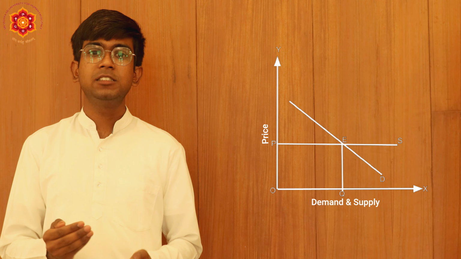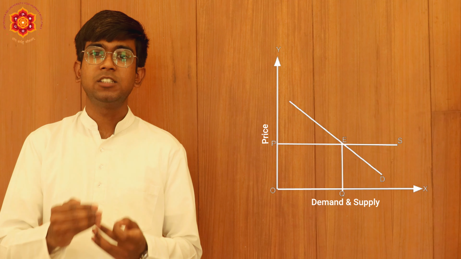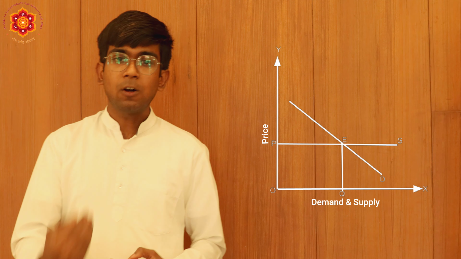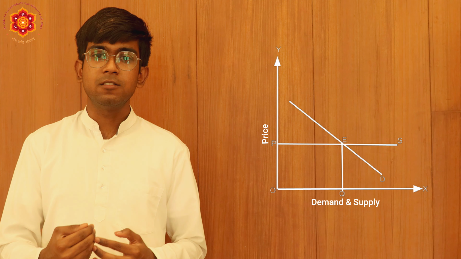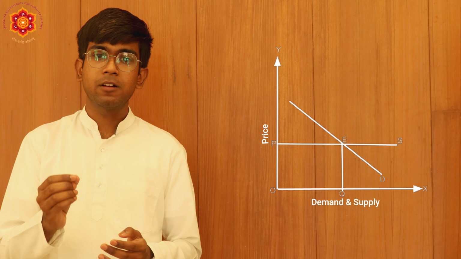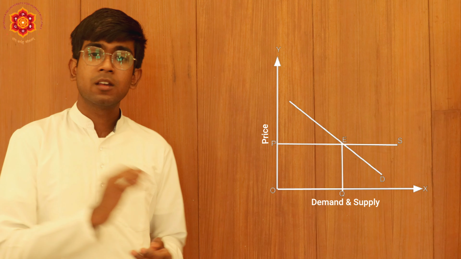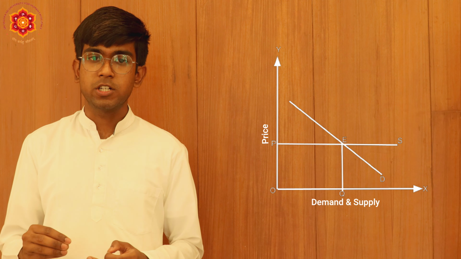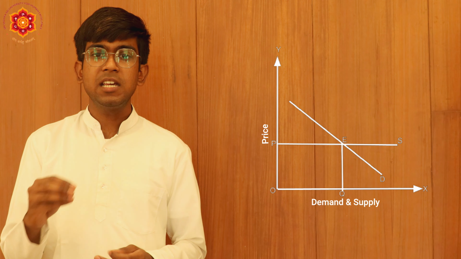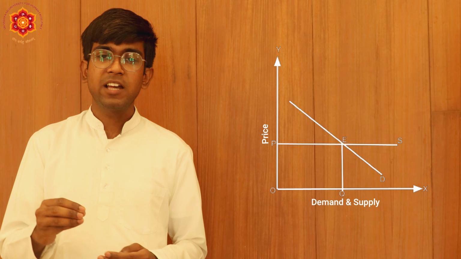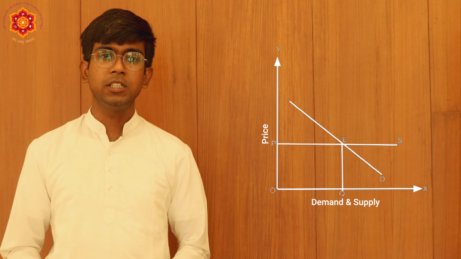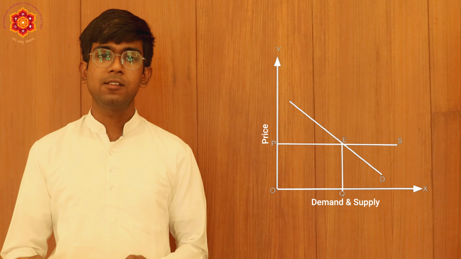Since supply is perfectly elastic, it is horizontal to the x-axis, and we can also see that the demand curve intersects the supply curve at point E, which is the equilibrium point of the factor of production. When we join point E to the x-axis, we get point Q, and then we are able to see the region OPEQ.